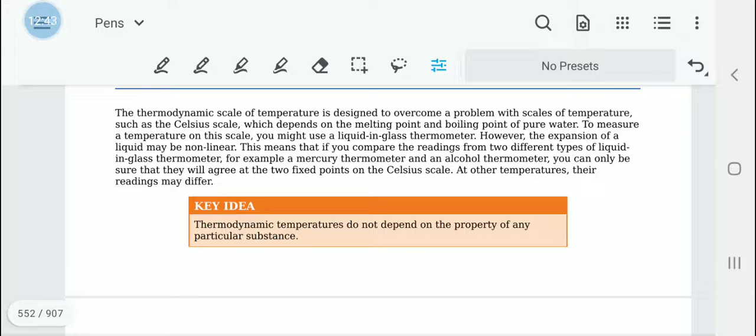Because the boiling point of water and the melting point can actually vary depending on the purity of water, depending on the height from the sea level, etc. But absolute zero does not change.